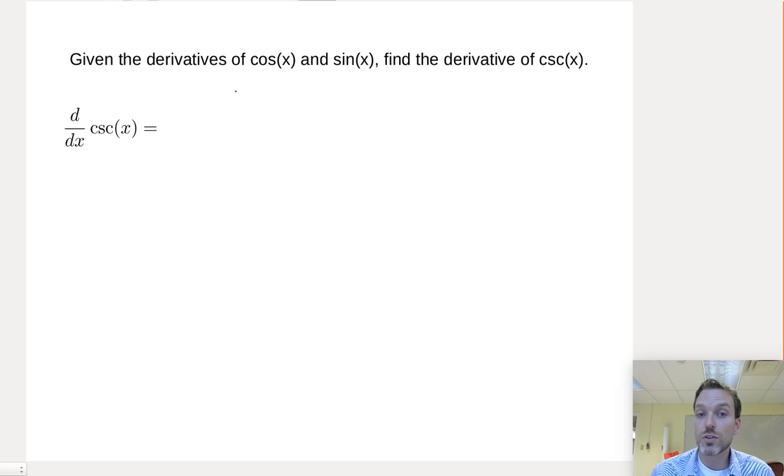Okay, and you could do this for the remaining functions. For example, the derivative of cosecant is just the derivative of 1 over sine. And just as we did before, you can use the quotient rule to find this derivative, which I'll let you do on your own.